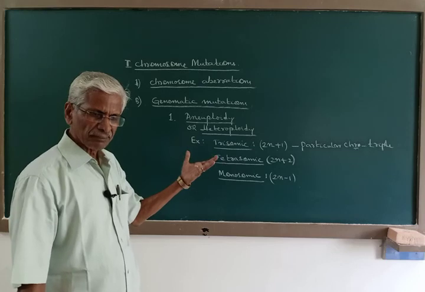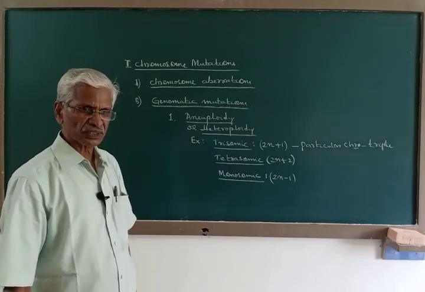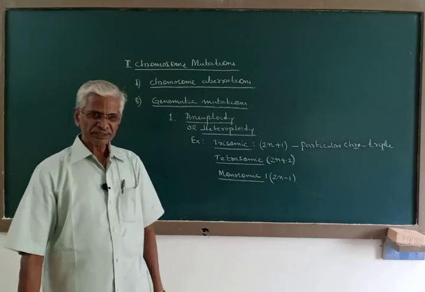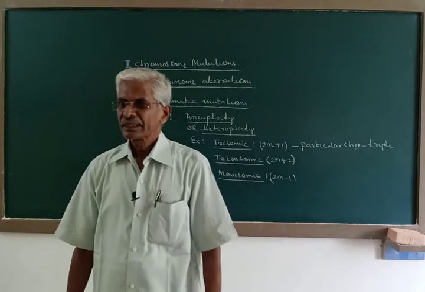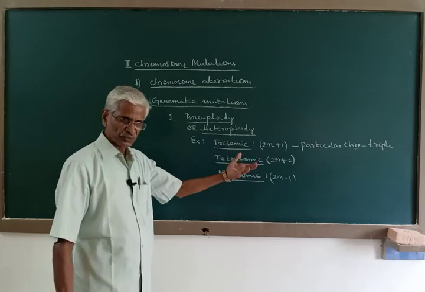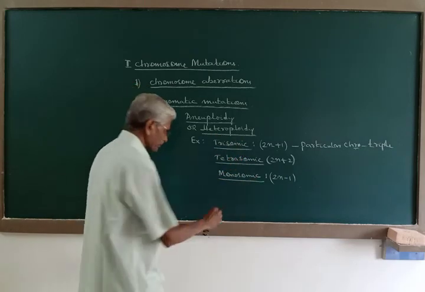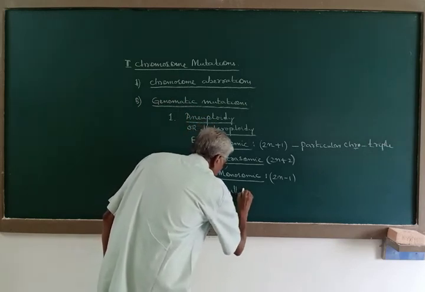So in this pair, there is only 1 chromosome. The other chromosome which forms a pair is missing. So therefore here, the chromosome number is 2n minus 1. 1 chromosome is less from the diploid number. This is called monosomic. And one more here is nullisomic.